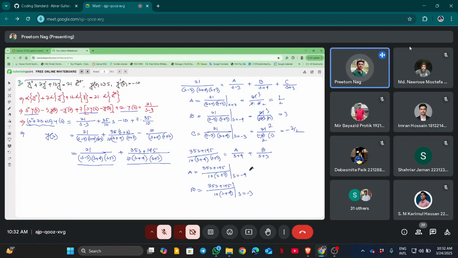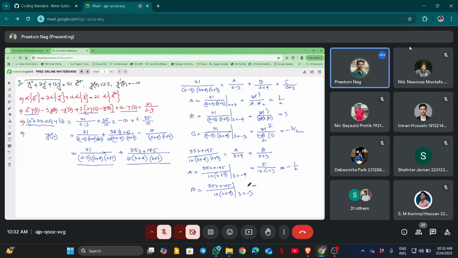For this case, I'll write here 35 into minus 4 plus 145 by 10. That is 5 over 10 into minus 4 plus 3, minus 1. That means minus 1 over 2.